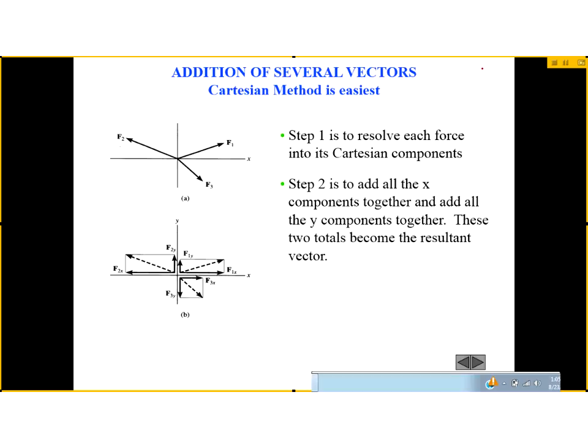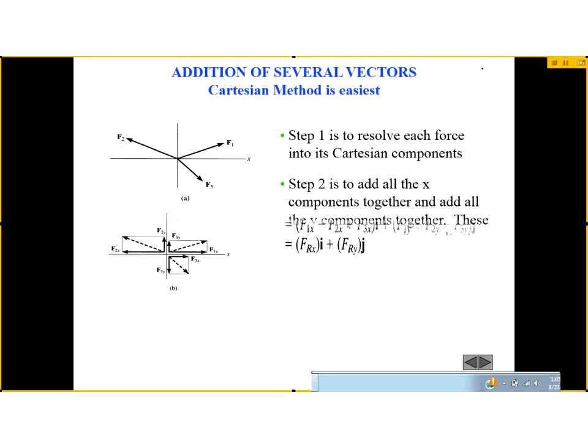That's a quick way to do things. Generally, when we're finished, we want to find the magnitude of that resultant and what direction it is relative to the x or y axes.